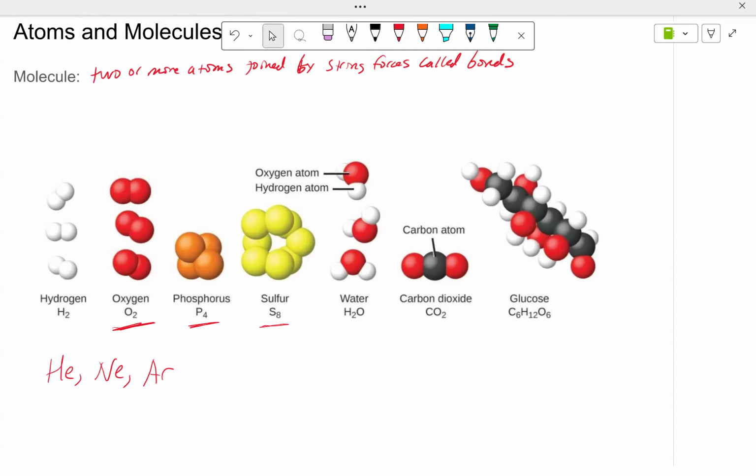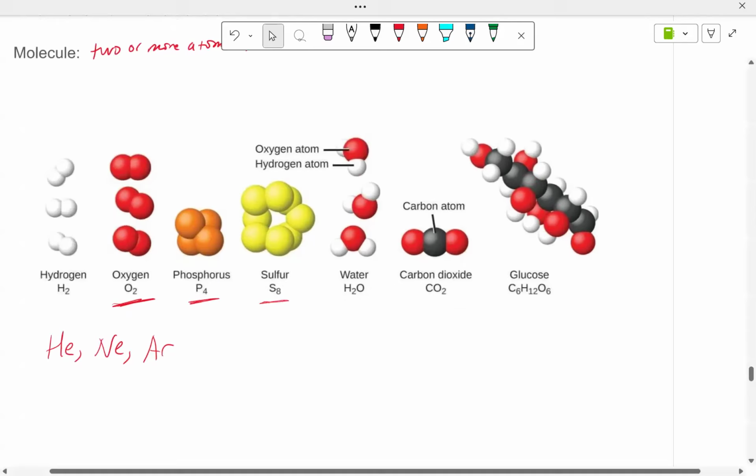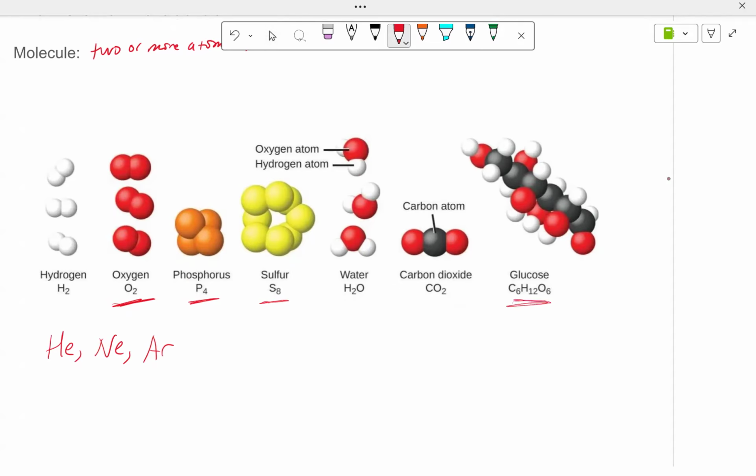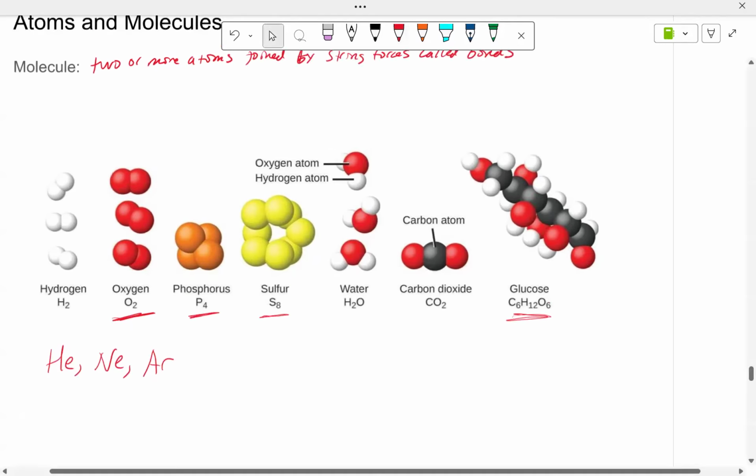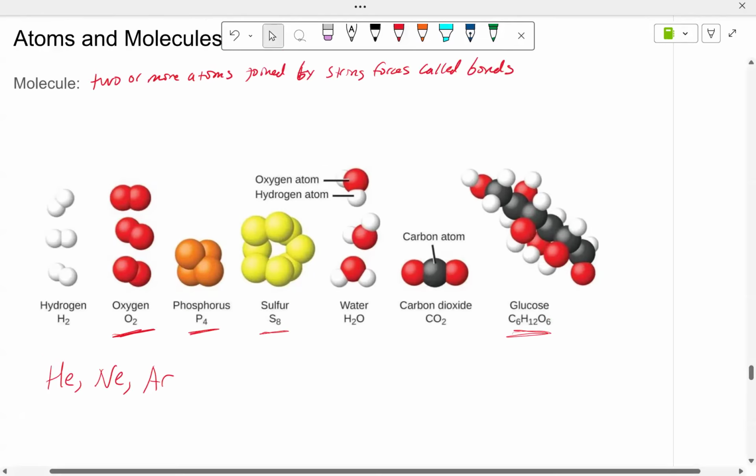Carbon dioxide is made up of carbon and oxygen, two different atoms joined together by bonds. The compound glucose, that's something we've heard about. Well, glucose is a lot of carbons, a lot of hydrogens, and a lot of oxygens bonded together in a certain way. So, again, just to review, a molecule is two or more atoms. They don't have to be the same, but can be, but two or more atoms that are joined by strong forces.